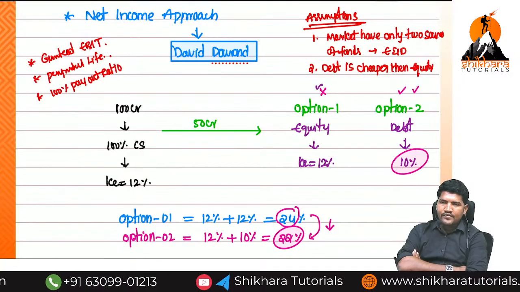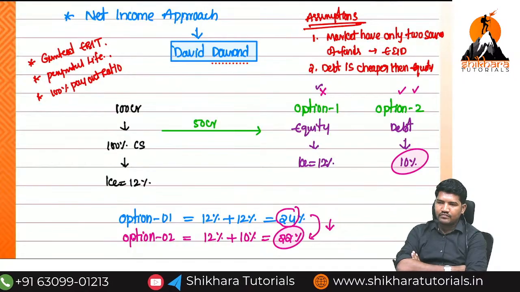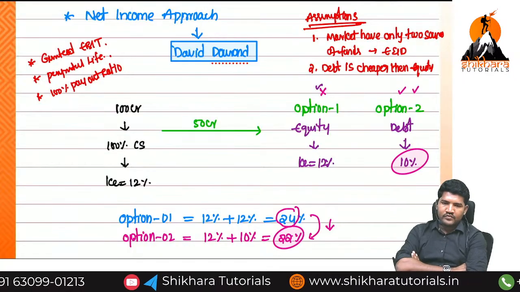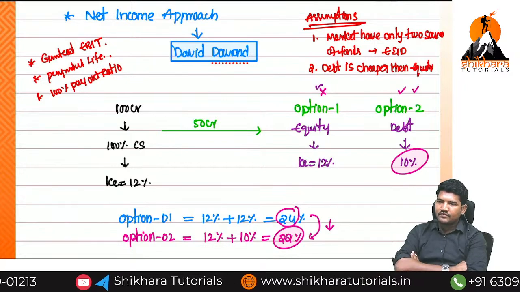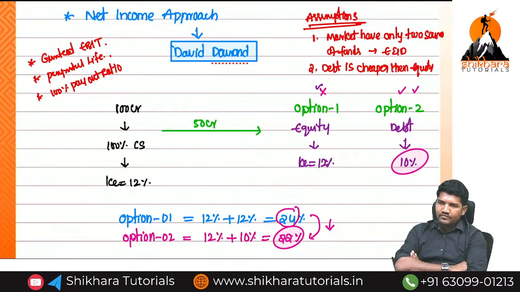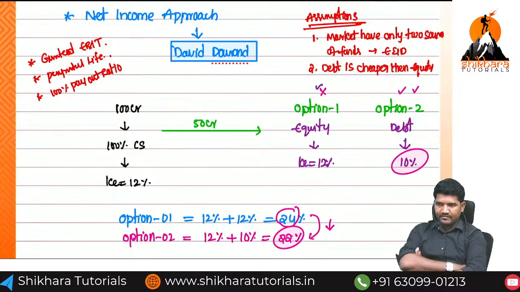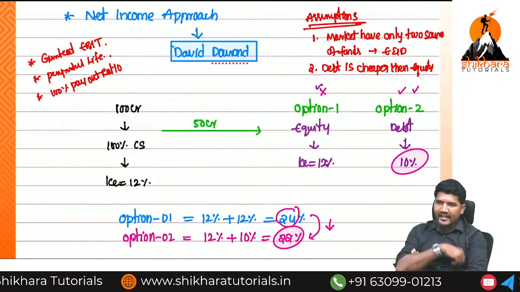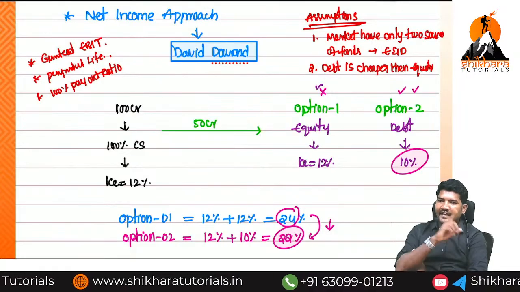In brackets, vice versa. What's the vice versa? Equity is a costly fund. If the company raises equity, KO increases due to more KE. If KO increases, the market value of the firm decreases.